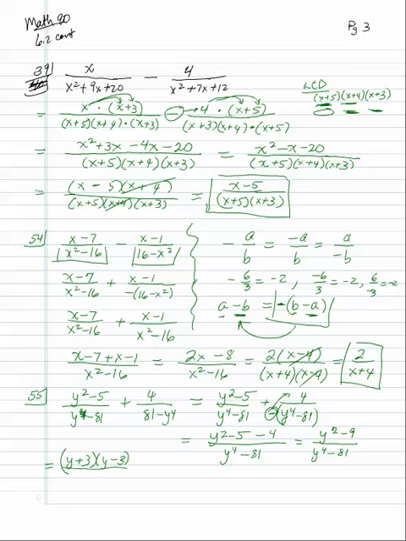The bottom we get y squared plus 9, y squared minus 9, which, if you remember, the y squared minus 9 is y plus 3 times y minus 3. So if I didn't factor the top, I could have seen that, hey, that's going to cancel. So I'm left with 1 over y squared plus 9. I just didn't feel like rewriting it.